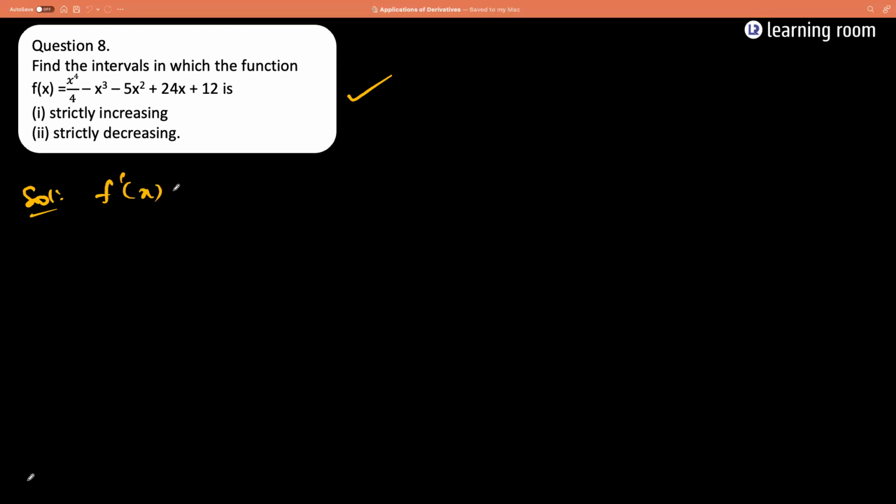So f dash of x is equal to x cubed minus 3x square minus 10x plus 24. Right? Can someone tell me how to factorize this?